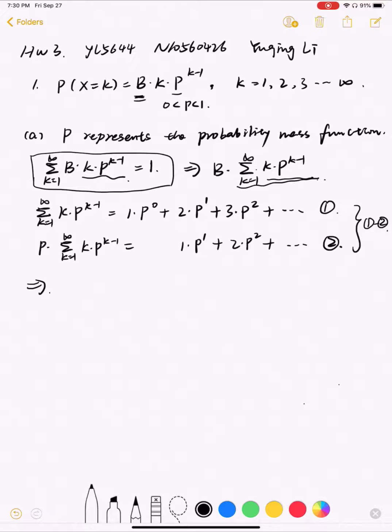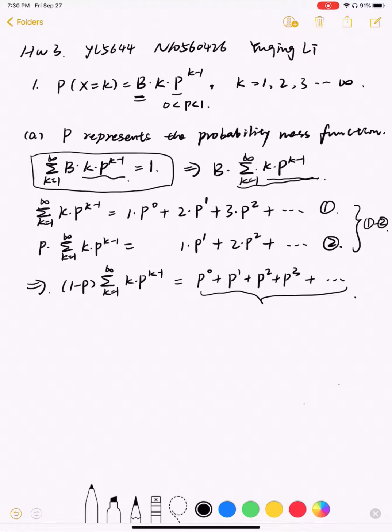We could get that this part is very easy to solve. Let this part divide by 1 minus p. We could get this part we need to solve.